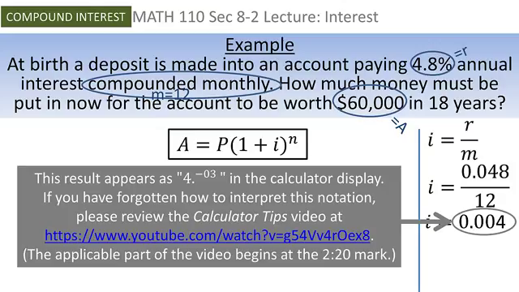But before we do that, I want to remind you that if you haven't done much with your calculator yet, when you take 0.048 divided by 12 and hit an equal sign on that calculator, you're not going to see 0.004. What you're going to see is this quantity here. That's the calculator's version of scientific notation. Now there's a video that I hope you've already watched that talks about what that means, but you have to be able to interpret that.